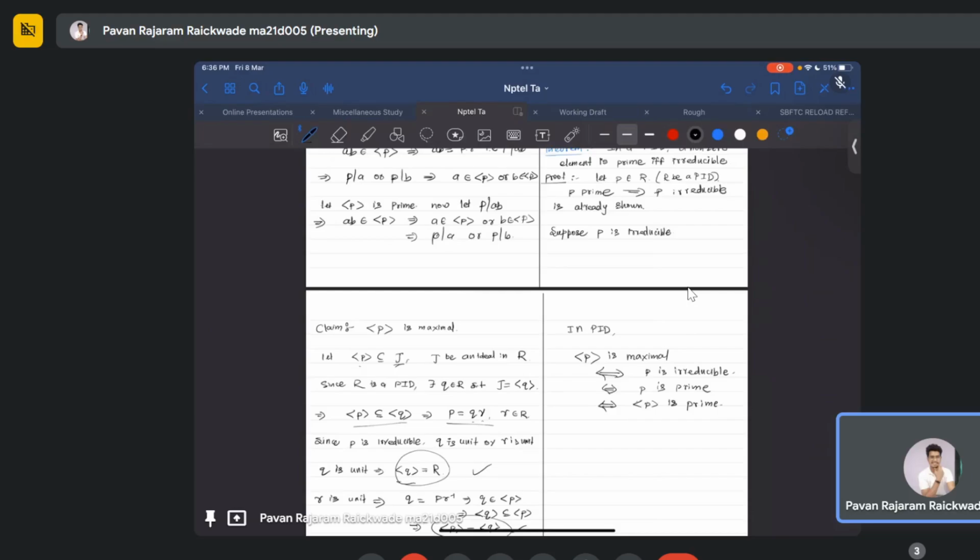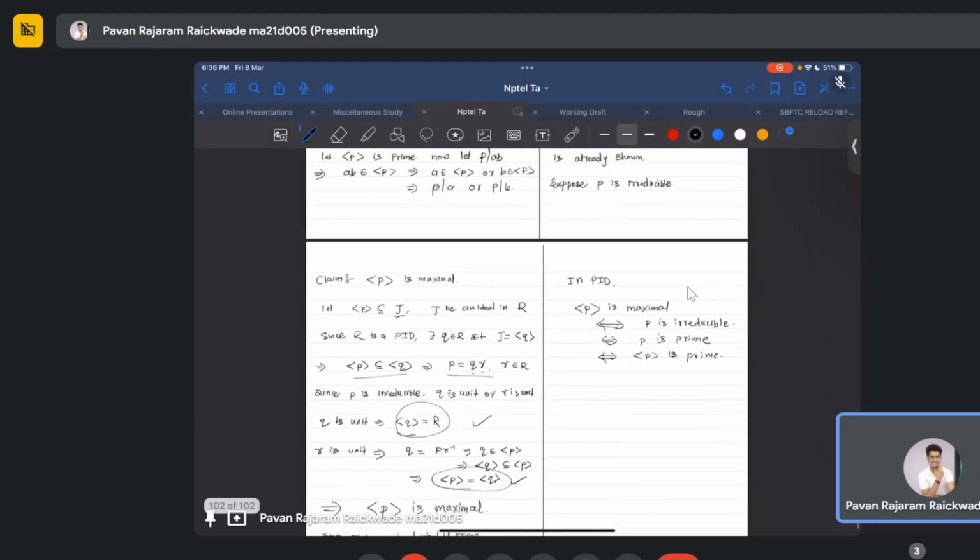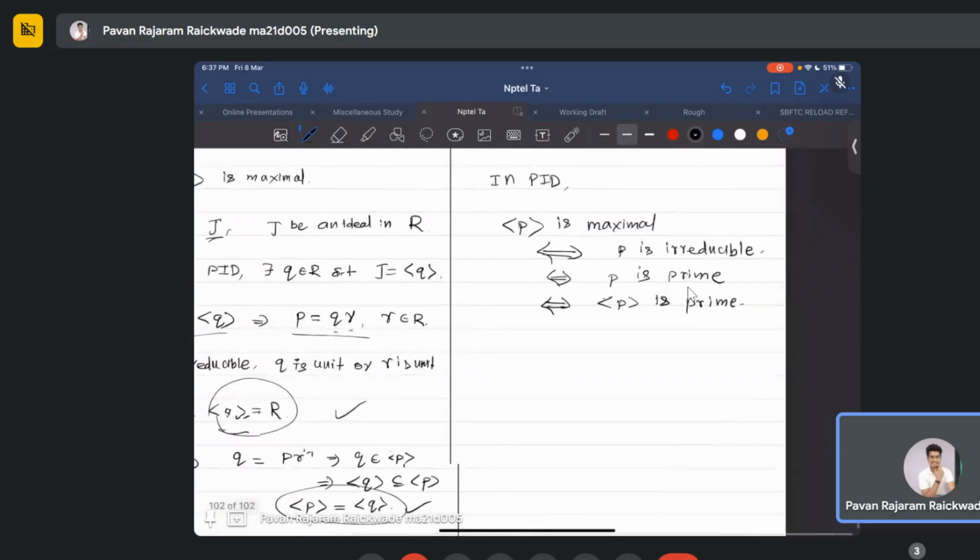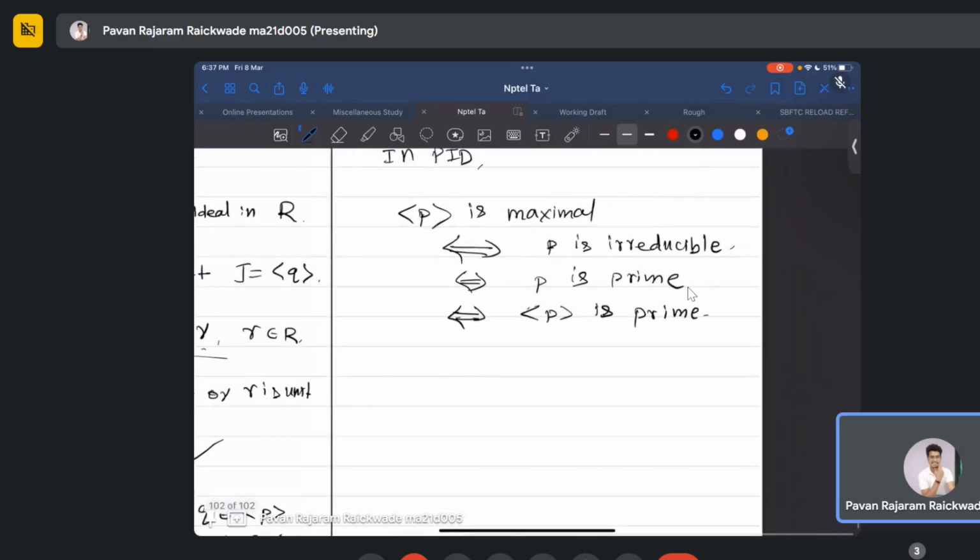Okay. So now the next concept is unique factorization domain. Sir has defined already in the lectures UFD. It is unique factorization domain.